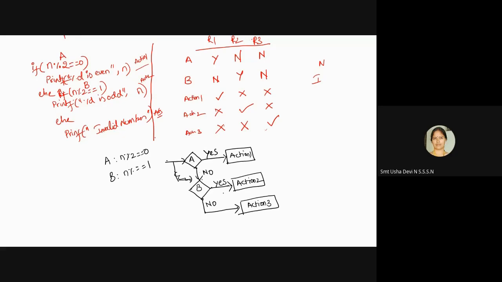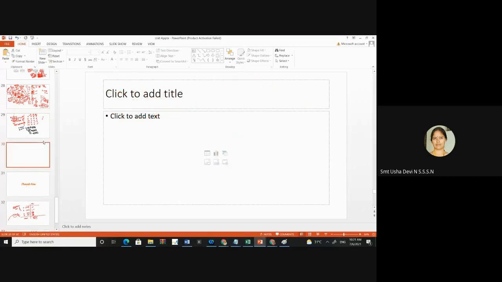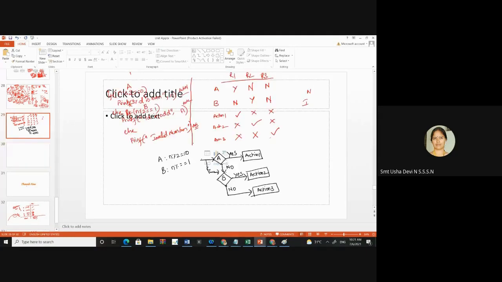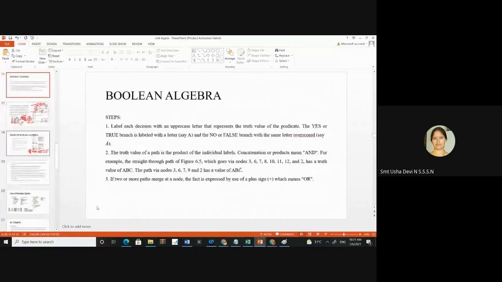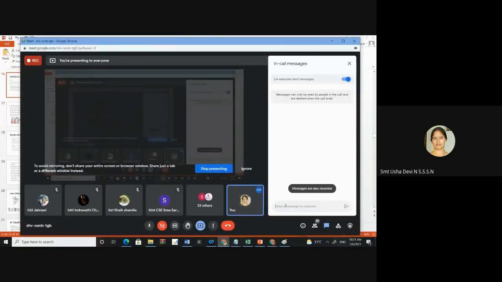So I hope you understood how to draw the flow graph related to a particular program. I think yesterday I showed you the flow graph related to A greater than B greater than C, that means which one is the biggest value. So we talked about that. Are you clear with this concept, or shall we go to the example of the biggest number among three numbers, to prepare the decision table as well as the flow chart, flow graph?